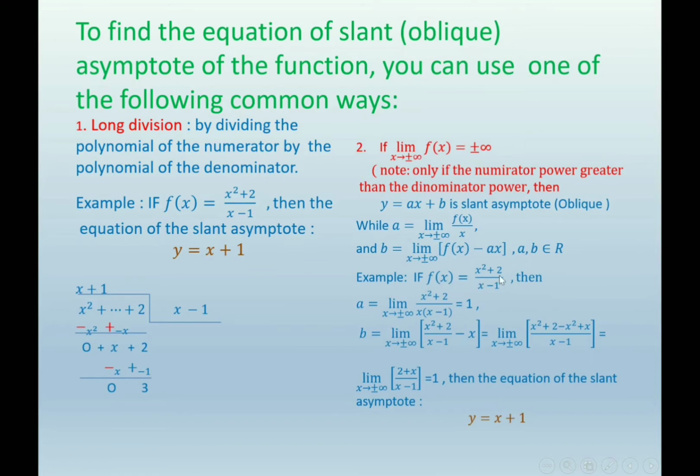If f of x equals x squared plus 2 over x minus 1, like we did before, then a, by that rule, equals the limit when x approaches plus and minus infinity of the whole function, x squared plus 2 over x minus 1. It should be multiplied in the denominator by x, like the rule.